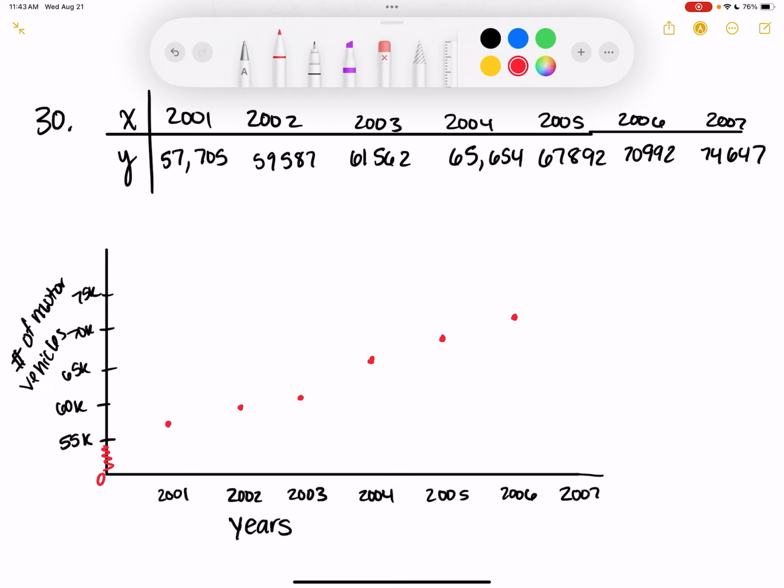And then 2007 is almost all the way up to the 75,000 marker.